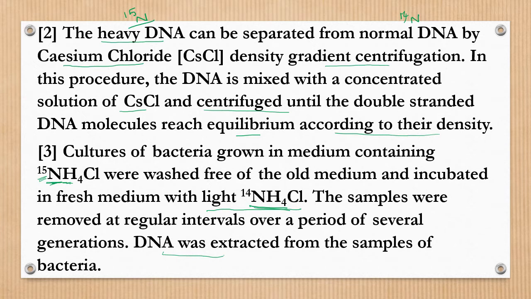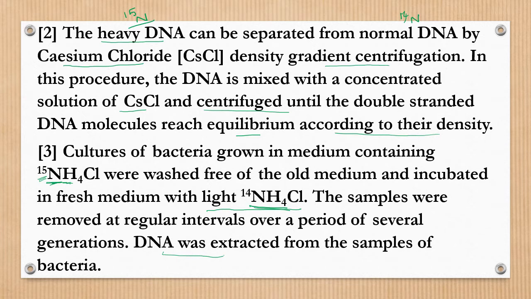So after several generations, we take out the bacteria, wash off the nitrogen isotope medium, and freshly introduce them into the light nitrogen medium, that is ammonium chloride only, but it consists of normal nitrogen. Firstly, we cultured them in the nitrogen isotope.